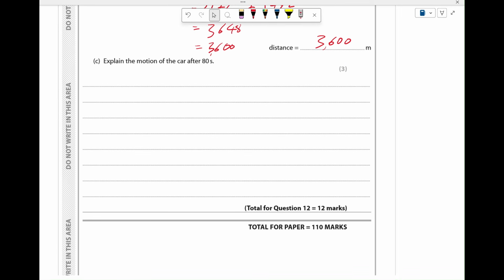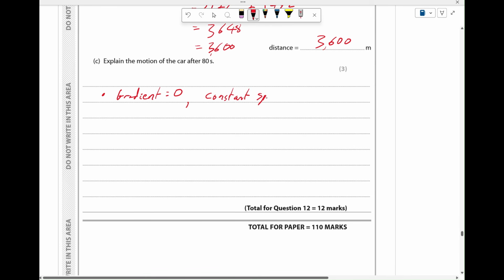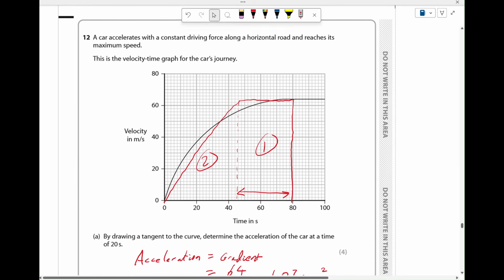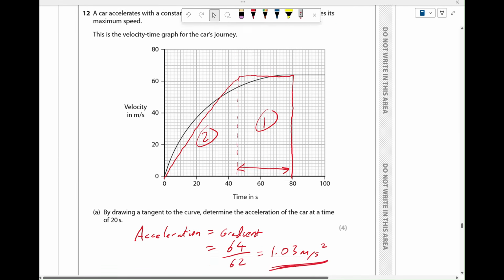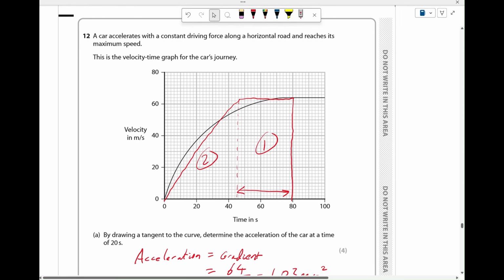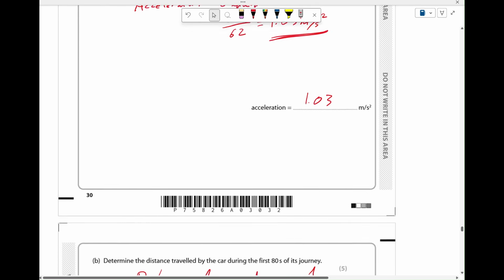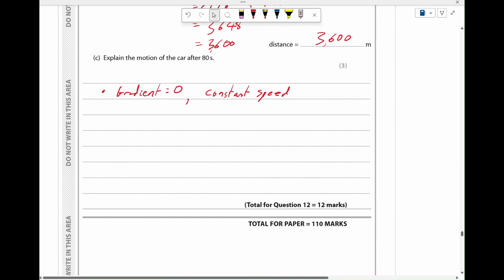Okay, so after 80 seconds, that's when the gradient equals 0. What does that mean? It means constant speed. Explain the motion of the car. Sorry, let me just figure out what's going on. Oh, it accelerates with constant driving force. Okay, so it's the terminal velocity graph, this one, just drawn in a slightly different way. We're going to have to talk about forces here.